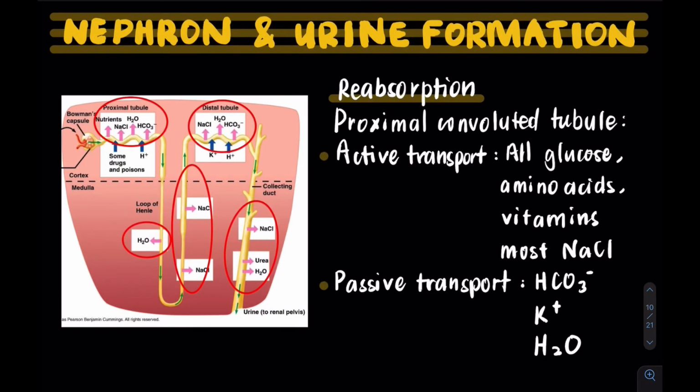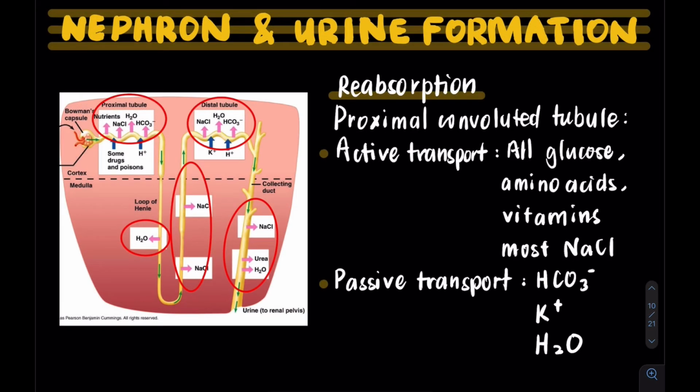At the proximal convoluted tubule, 100% of the glucose, amino acids, and vitamins are reabsorbed into peritubular capillary by active transport. Most sodium chloride ions are also reabsorbed. Bicarbonate ion and potassium ion will move into the capillary by passive transport.